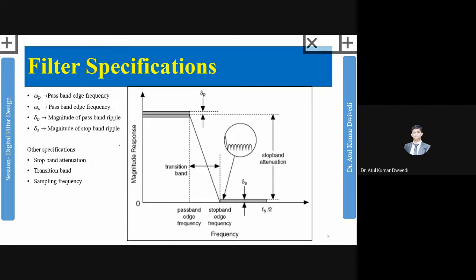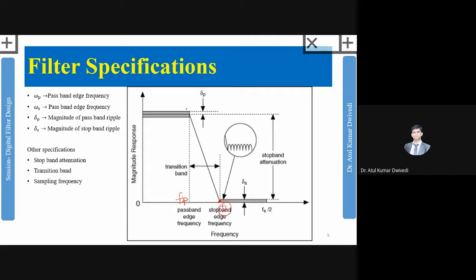And what are the filter specifications? A filter has some frequencies to pass and some frequencies to suppress, so there will be a cutoff frequency. But in digital filters, you have to specify two frequencies: one is the pass band frequency fp, and the other is the stop band frequency fs.